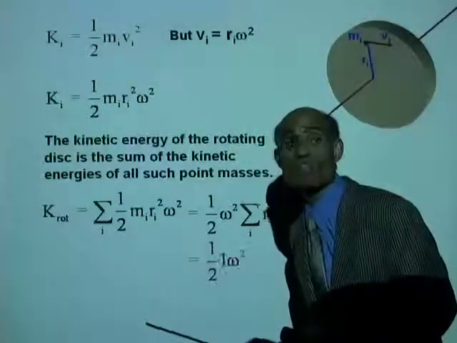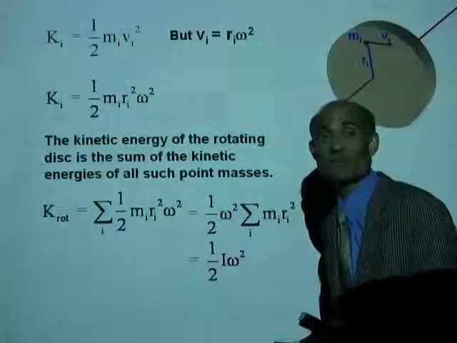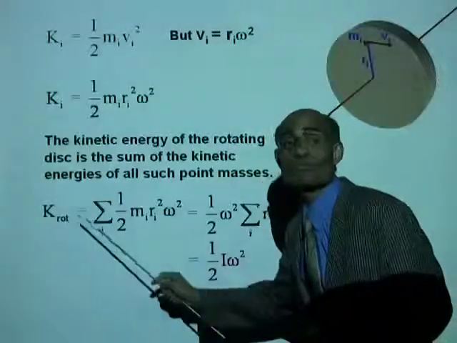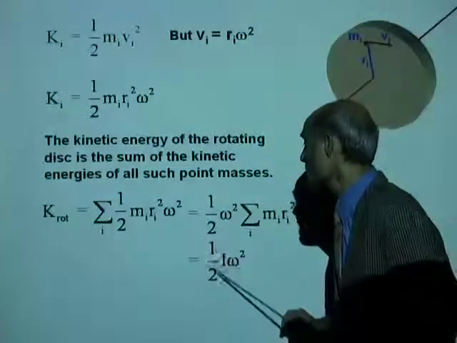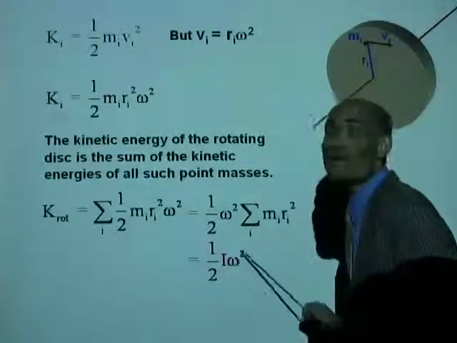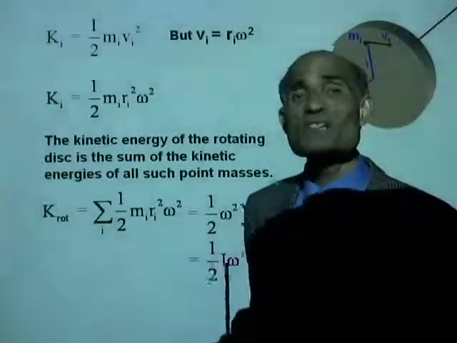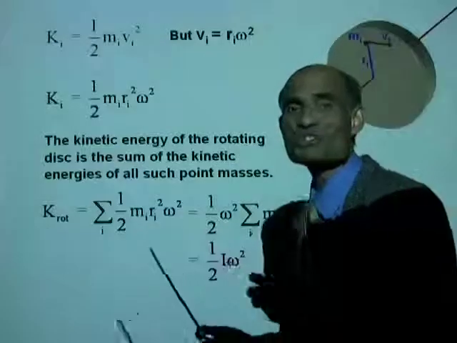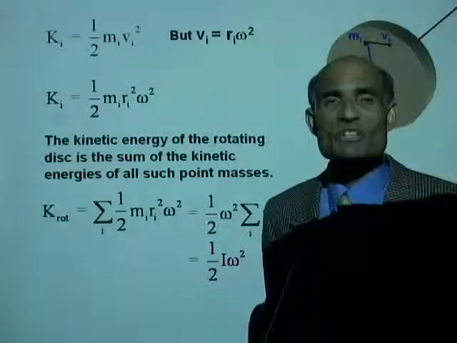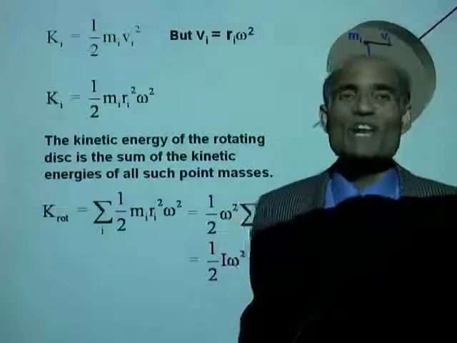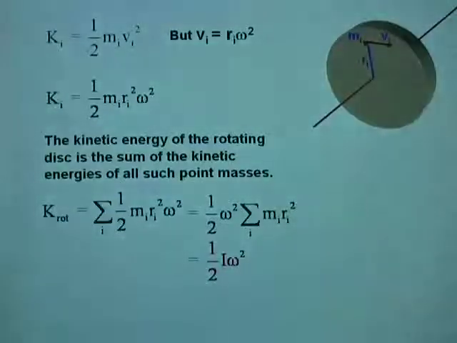Therefore, what is the equation for kinetic energy? Kinetic energy of rotation is 1/2 I omega squared. Now, do you see any similarity between this equation and the equation for kinetic energy in linear motion? Now, look at the equation for kinetic energy in linear motion.